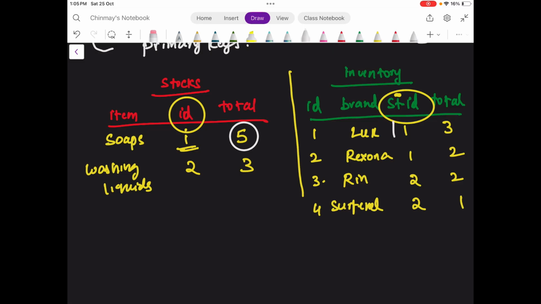Now for this ID of 1, what is 3 plus 2? 5 quantities will be there. At the same time, we have ID 2, the washing liquids, total is 3. If you check this with ID 2, we have the total 3. This is called the consistency in data.